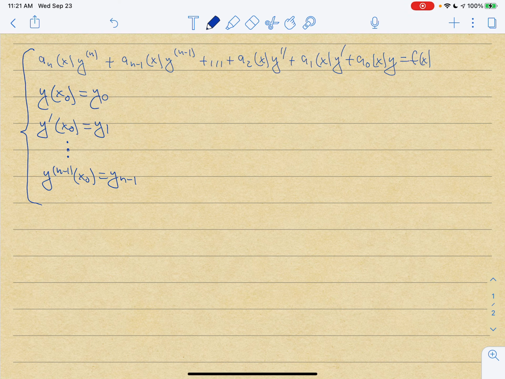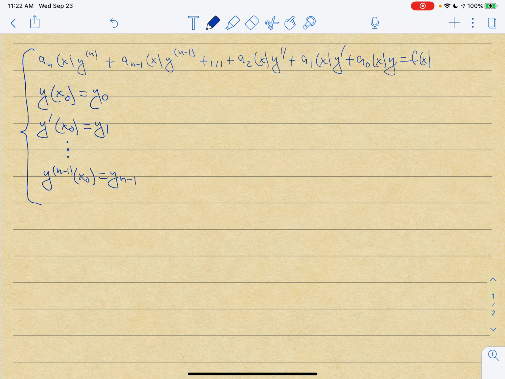And so then presumably this IVP will have a solution, and we ideally want a unique solution. I would like to know in advance whether or not a unique solution of this initial value problem exists, just like we did for the first order equation, because if you can just take a look at your IVP and see that it does have a unique solution, then you can go ahead and try to solve the initial value problem either numerically or analytically.